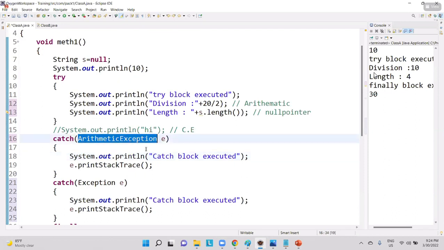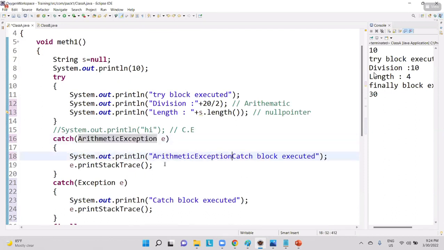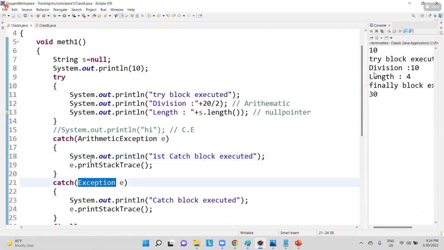Just let me write like this: arithmetic exception handled. Or else I'll write first catch block executed. And here I'll write null pointer exception, and here second catch block executed.